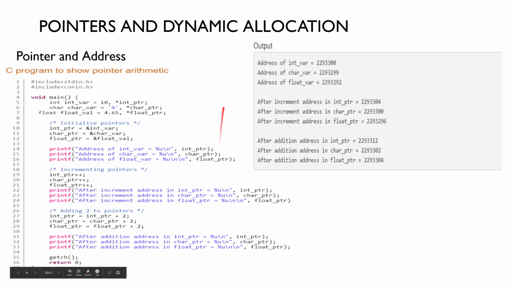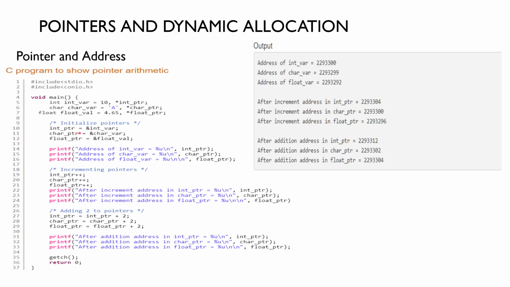We have an example of how pointer arithmetic works in this program. So, to get a quick overview, we declare a handful of variables, including pointers. So we have int var, int pointer, char var, char pointer, float val, and float pointer. Interesting that the naming convention changes here.